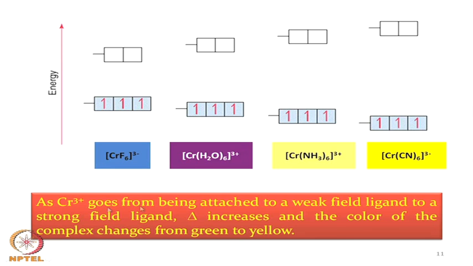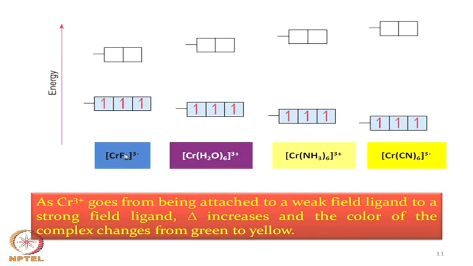So, as we attach chromium to ligands from the weak field ligand like F minus towards CN minus, the delta values increase and the color of the complex changes from green to yellow. This is a nice green color.